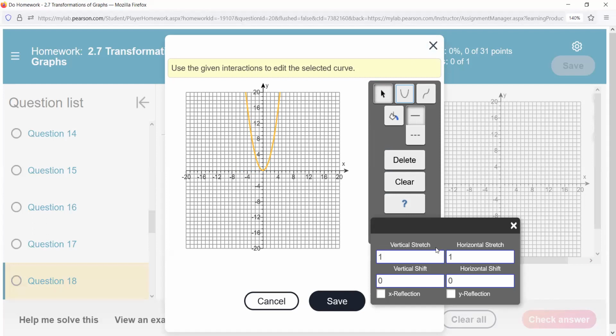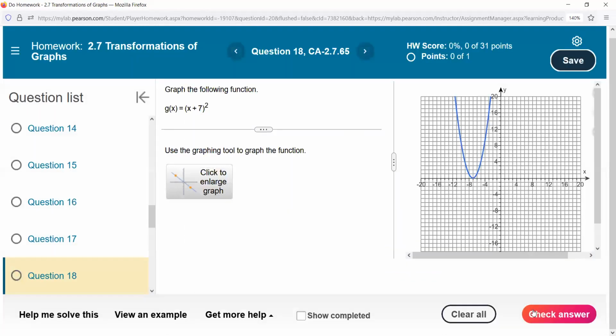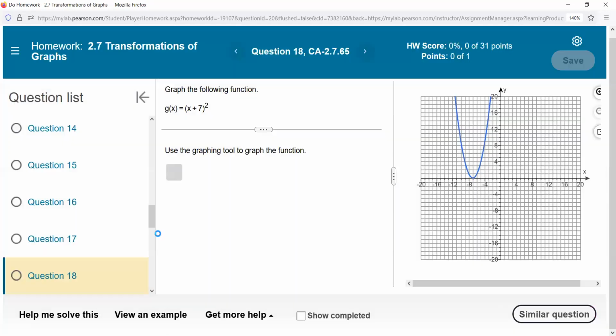Well, actually, you don't even need to do that. You can just say that there is no vertical or horizontal stretch. That is, the factor is going to be 1, but the horizontal shift is going to be 7 units to the left. And there's no reflection. Okay, so save that, check answer, and that's correct.